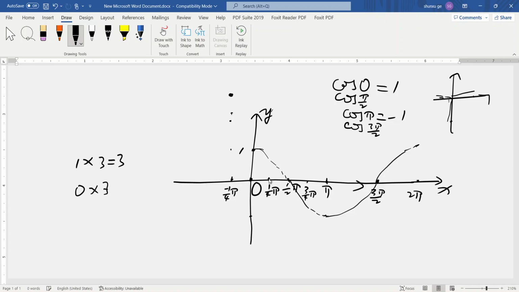And this part should be -3. 1, 2, 3. -3 here. And here should be 3.